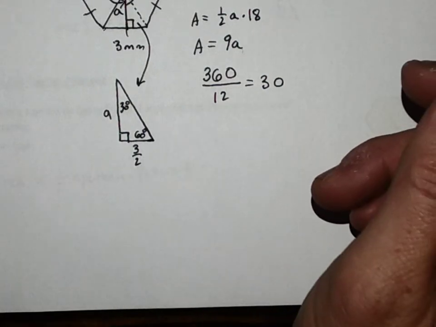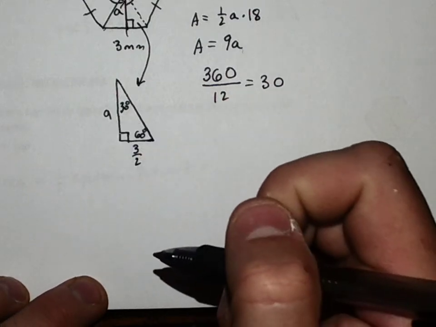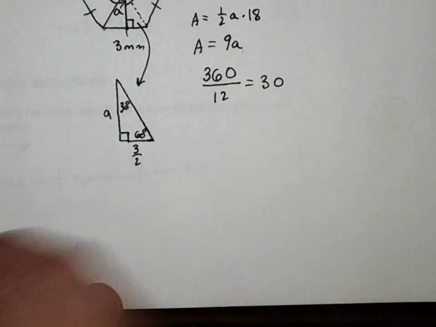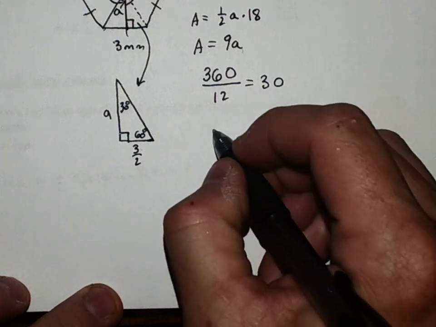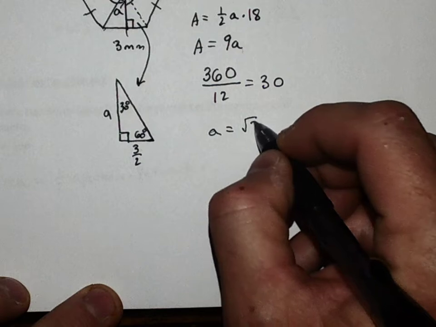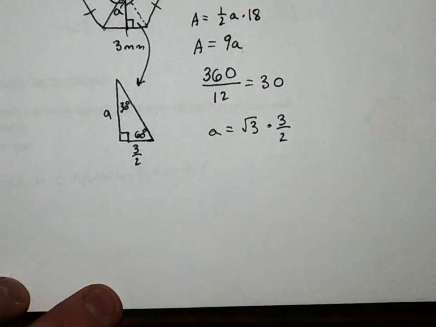How do I go from my short side to my long side? You take what your short side is and multiply it by the square root of 3. So the apothem is going to equal the square root of 3 times your short side, which is 3/2.